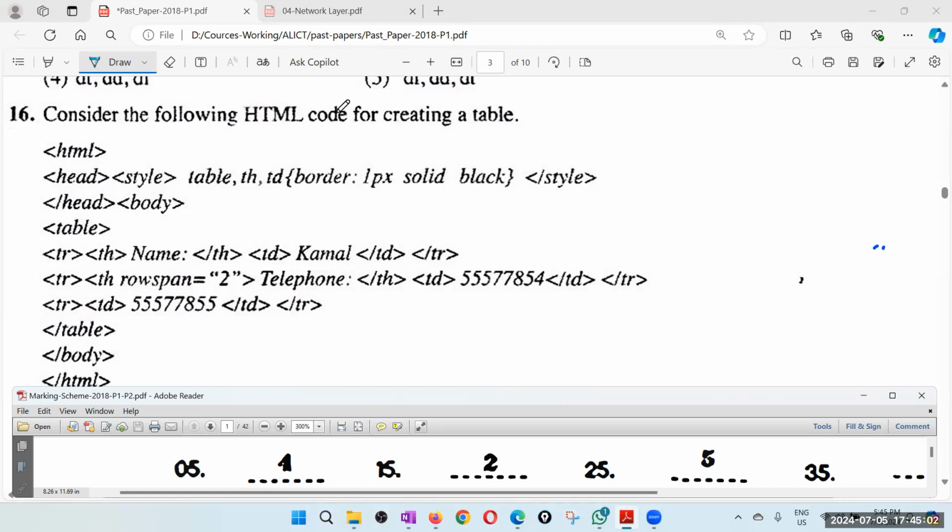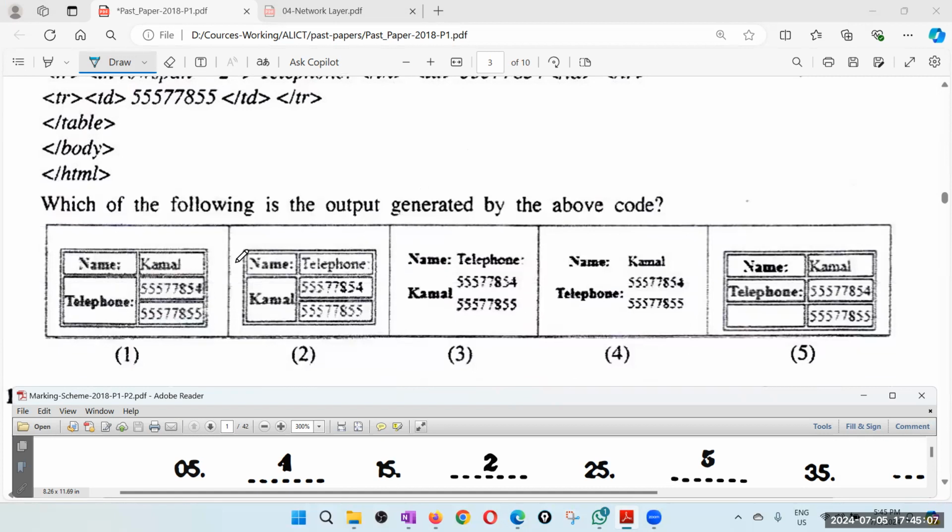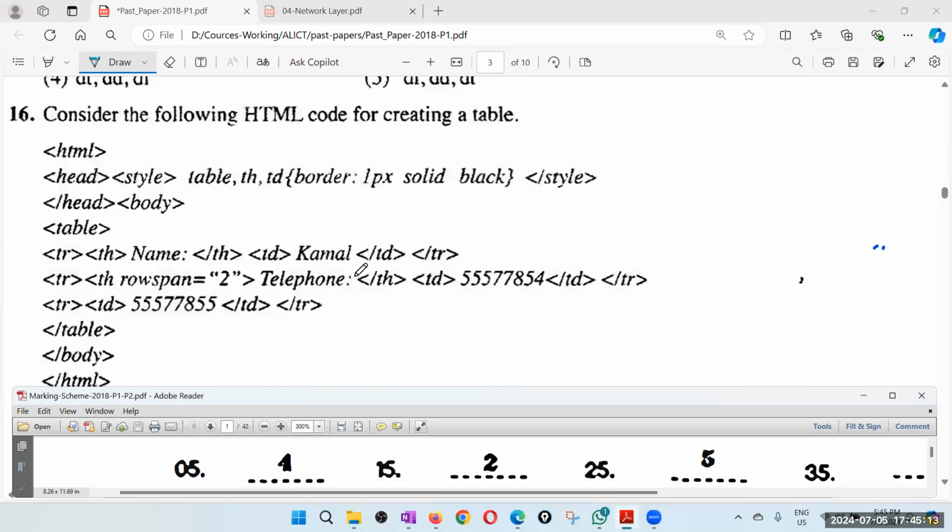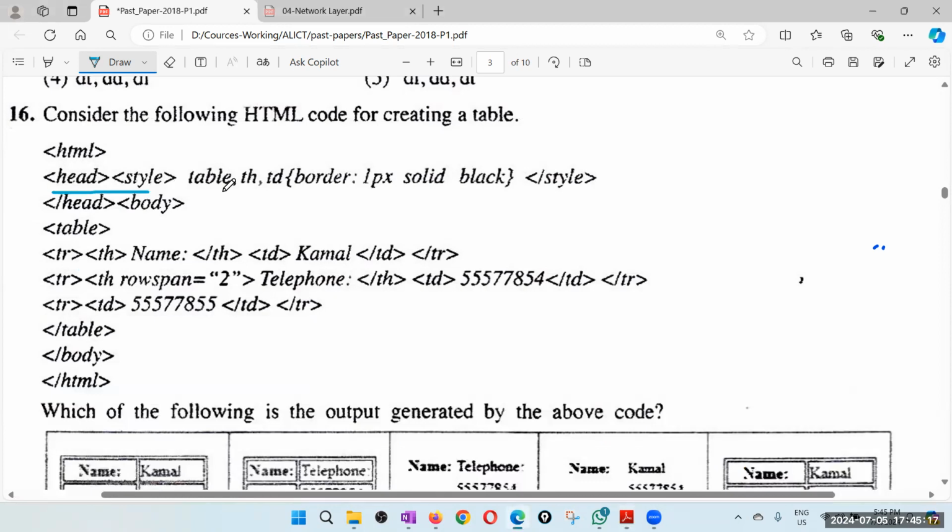Consider the following HTML code for creating a table. Again, we look at the answers. What is the output? Which one will be the output? First of all, you can see there's a style defined in the head. For the table tag, th tag, and td, the border must be 1 pixel solid black.